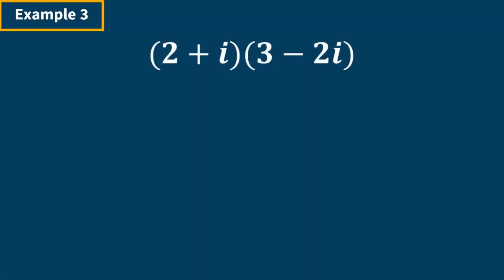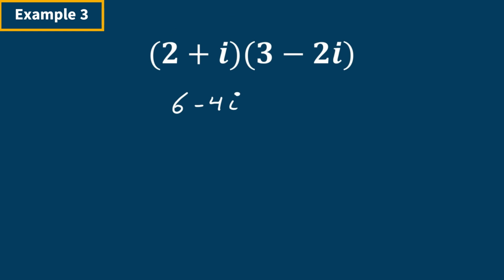Example number 3. What we want to do is simplify. We have these two binomials here and we're going to multiply them. So first we look at the 2. We're going to multiply this times 3, which is going to give us 6. And then we have 2 times negative 2i, which will be negative 4i.